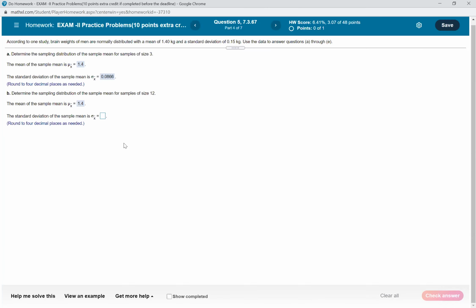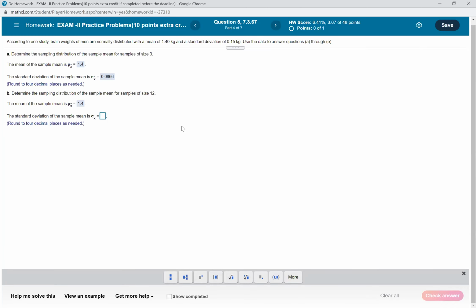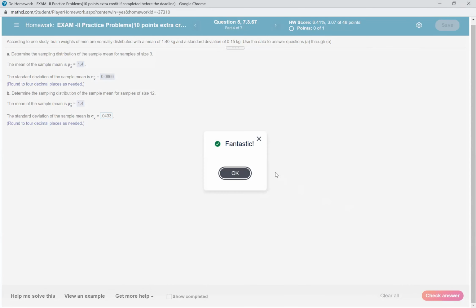So this will be 0.15 divided by the square root of 12. So this is 0.0433. This is the correct answer.